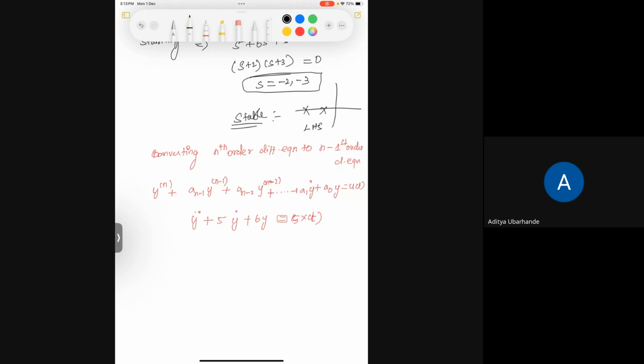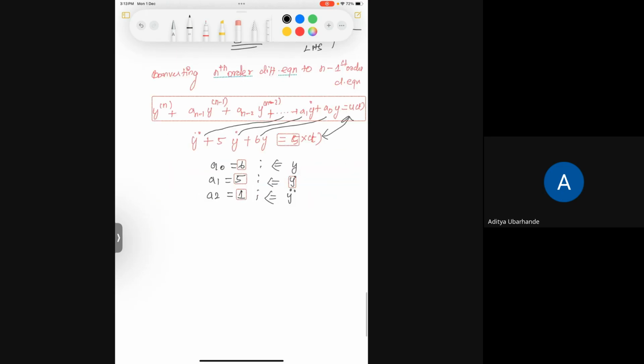If I compare these two, 5x of t is equal to u of t, where a naught y is here, a1 y dot is here, and some coefficient into y double dot. So I can say a naught equal to 6 here, a1 equal to 5, a2 equal to 1. These are all the coefficients of y, y dot, y double dot.